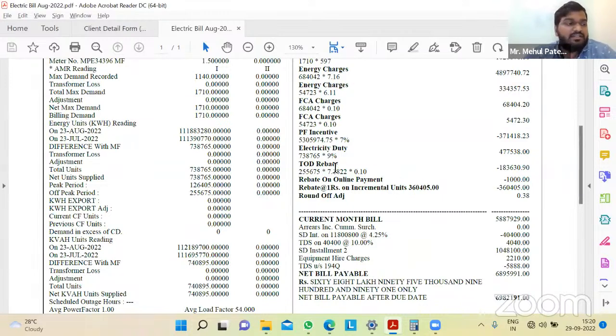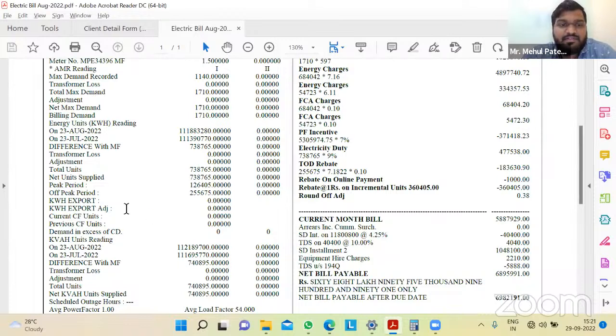Now the next thing, TOD. TOD is nothing but time of the day. Time of the day rebate is basically, like I was saying, when you use consumption during the off-peak period, during the night time, you get some amount as a rebate.